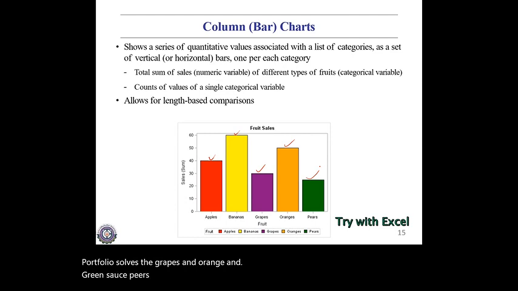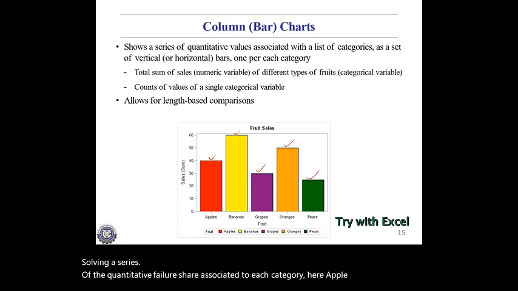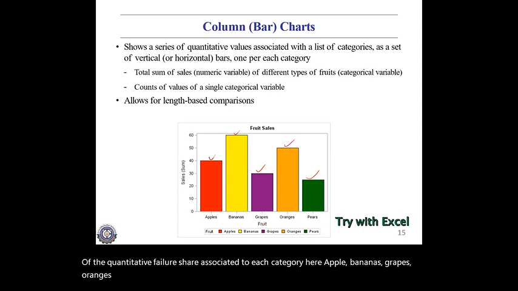So these are showing a series of the quantitative values associated to each category here: apple, bananas, grapes, orange, and pears.